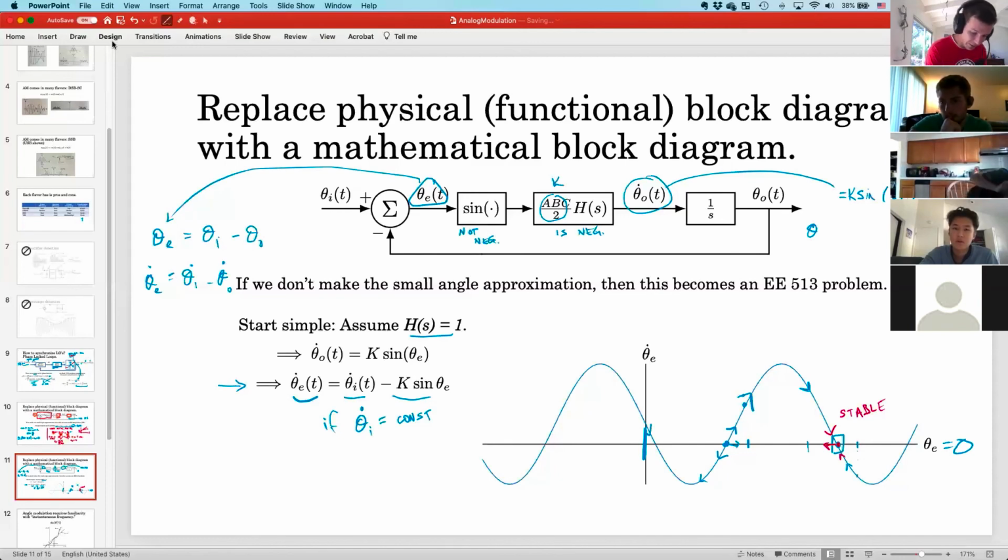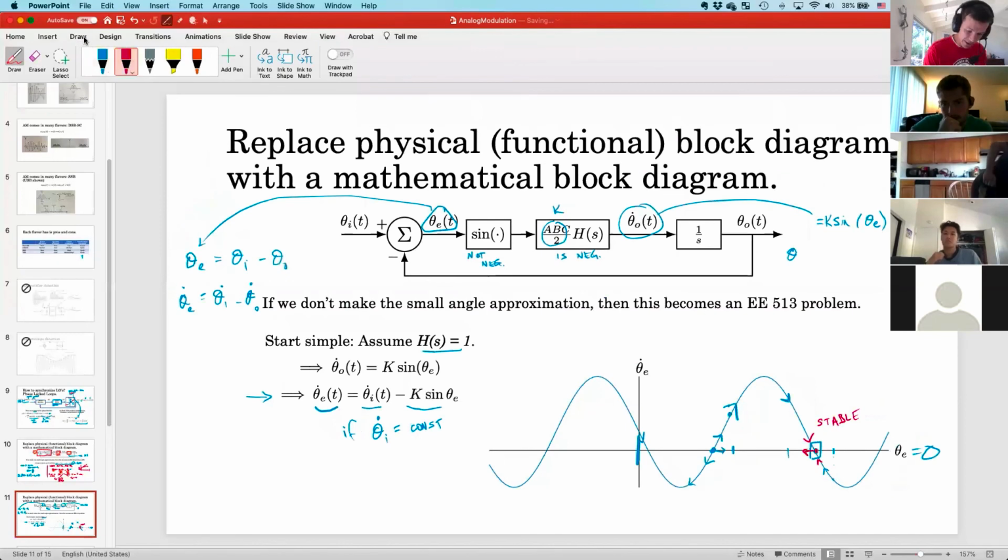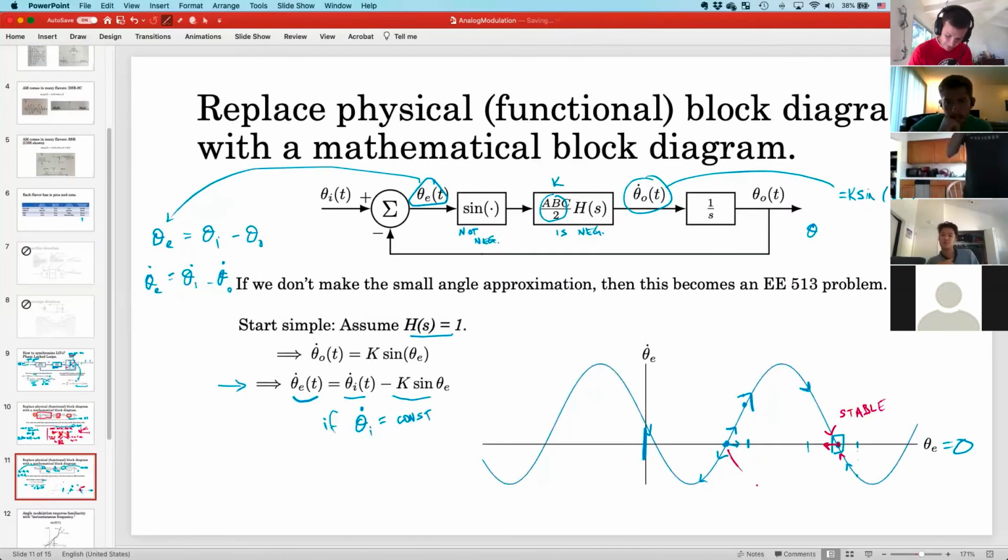And so let me make sure that we get everything written down that we've established. This guy is unstable. It's still an equilibrium, but it's an unstable equilibrium. And then this is the point that I actually want to pay attention to. It's an equilibrium.